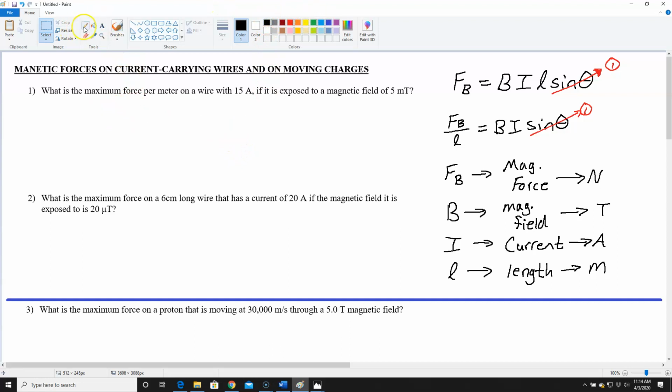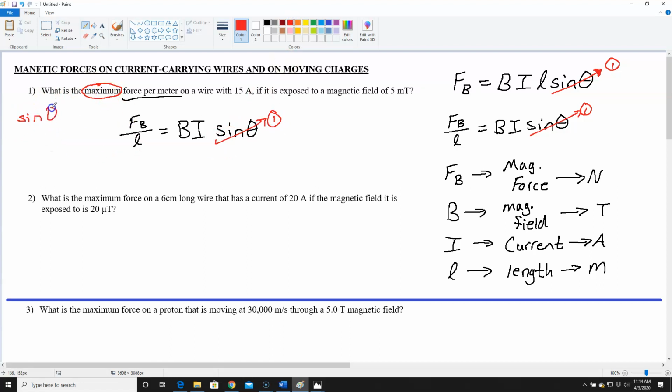So let's solve some of these practice problems. What is the magnetic force per meter on a wire with 15 amps exposed to a 5 millitesla field? So I'm going to do force per meter, BI sine theta. The sine of theta is 1. This says maximum force.